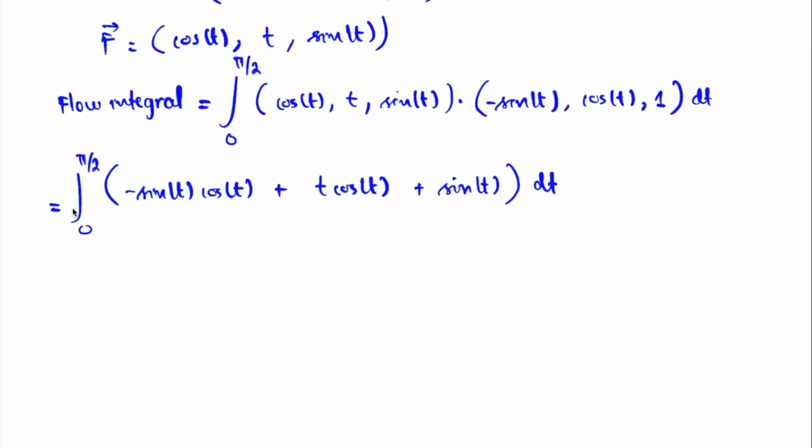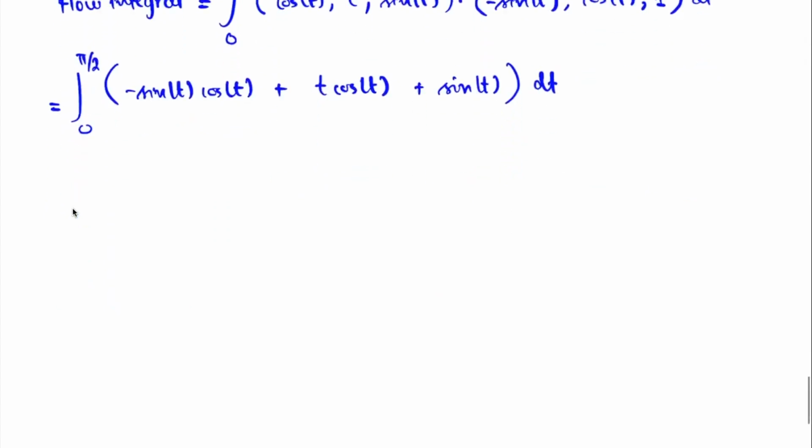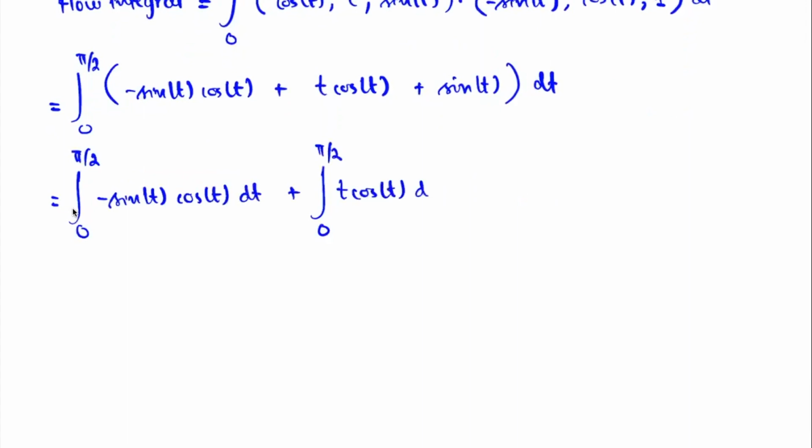Obviously, we're going to break this integral down into three different integrals. The first is the integral from 0 to pi over 2 of negative sine of t cosine of t dt, plus the integral from 0 to pi over 2 of t times cosine of t dt, plus the integral from 0 to pi over 2 of sine of t dt.